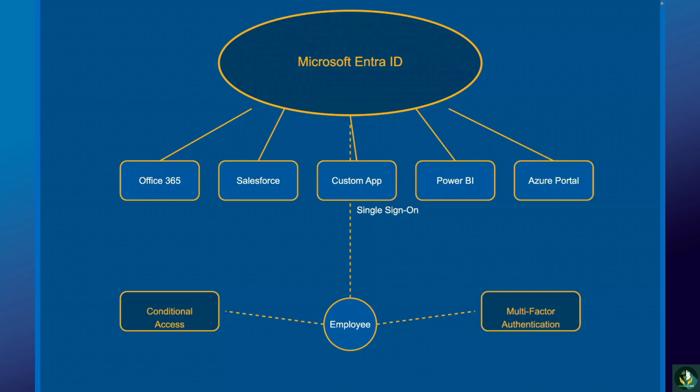The first one is Microsoft Entra ID Cloud. As you can see in the diagram, at the core of the system is the Microsoft Entra ID Cloud service. It acts as a central hub for identity and access management, coordinating authentication and authorization across various applications and services.